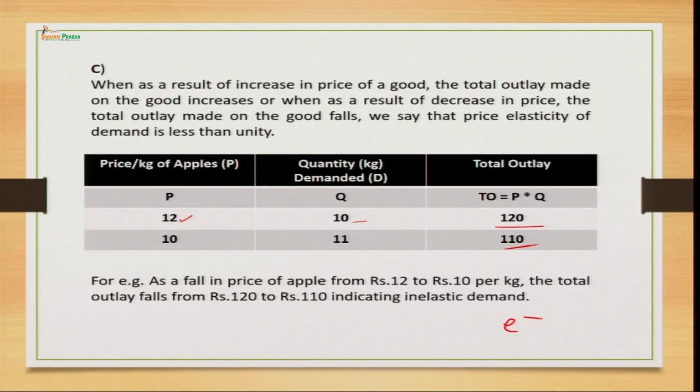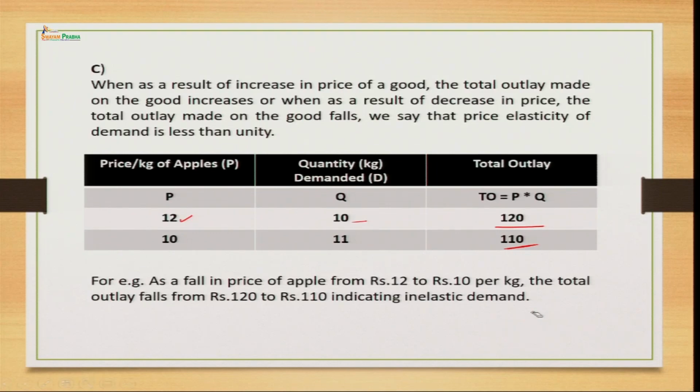Because of that, the total outlay reduced from 120 to 110, which represents the product is of inelastic nature. There will be a change in the quantity demanded, but a lesser change is going to take place because the product is of inelastic nature. And here the elasticity is lesser than 1.